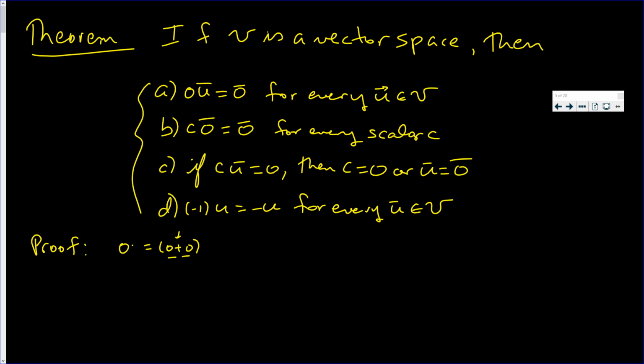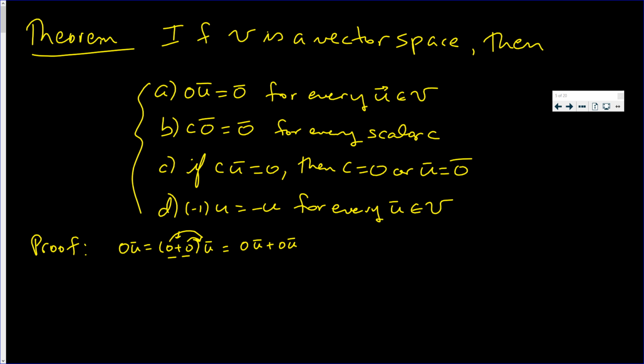Now, 0 times u is equal to any way of writing a scalar times u. Now, one of the properties of vectors is that the scalars get to distribute if you have a sum, or I guess I should say the vector distributes. You get 0 times vector u plus another 0 times vector u.